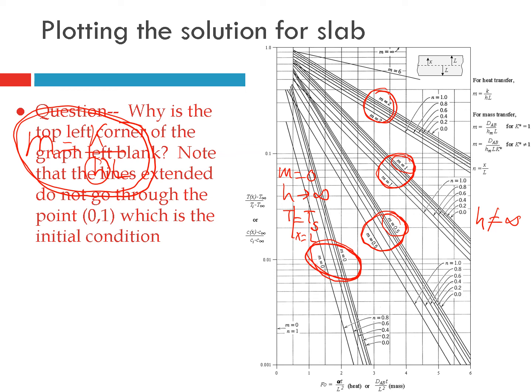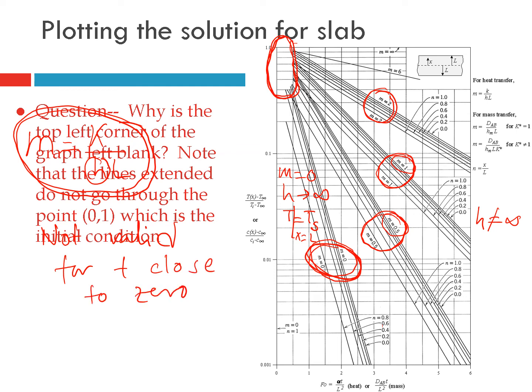The other point, which I did not mention for this solution either, is that these plots stop at a certain point. It stops here because these solutions are not valid for time t close to 0. Why?